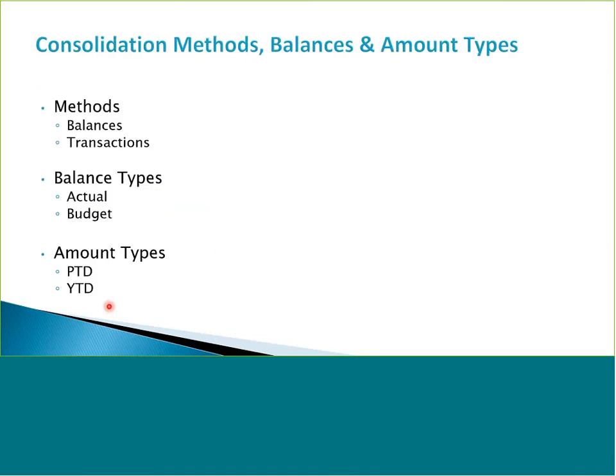For the methods, we have two methods, balances and transactions, and you can tell from the name perhaps what the differences might be. For the balance types, we have actual and budget, which is also pretty self-explanatory. And for the amount types, we have PTD and YTD. So just ignore this for now. We are going to look at it later.